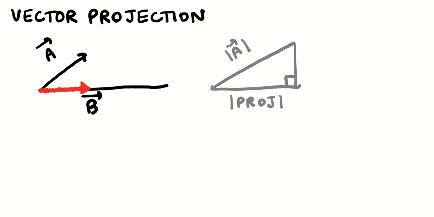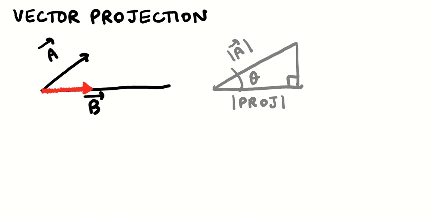And this is going to be theta. I'm going to call the length of the projection K, just so I don't have to carry that around with me. K, the length of the projection, is going to be the length of A times the cosine of theta.